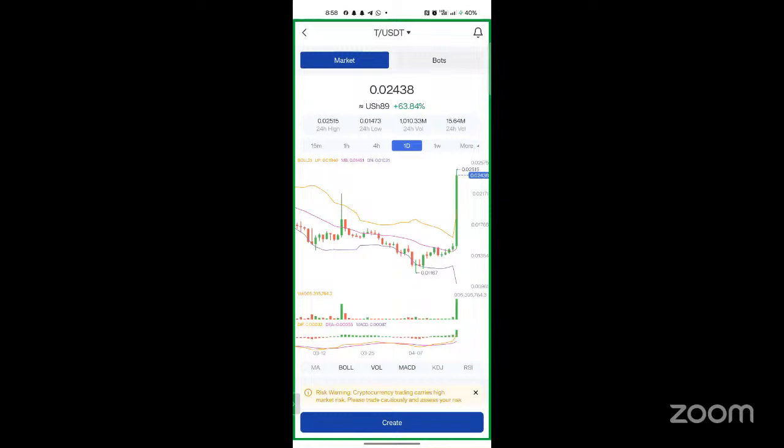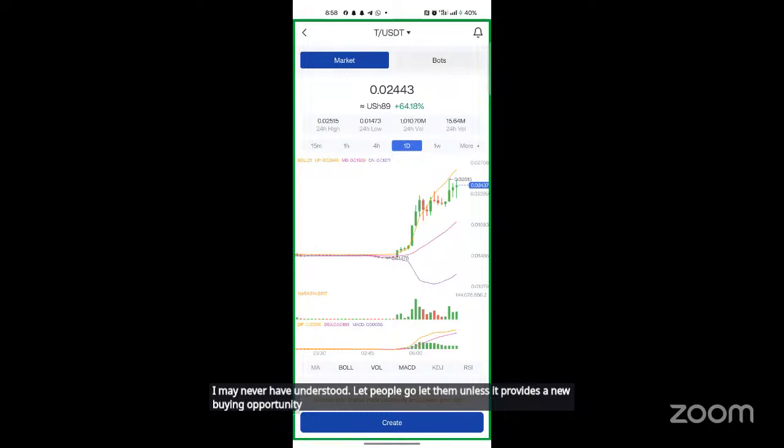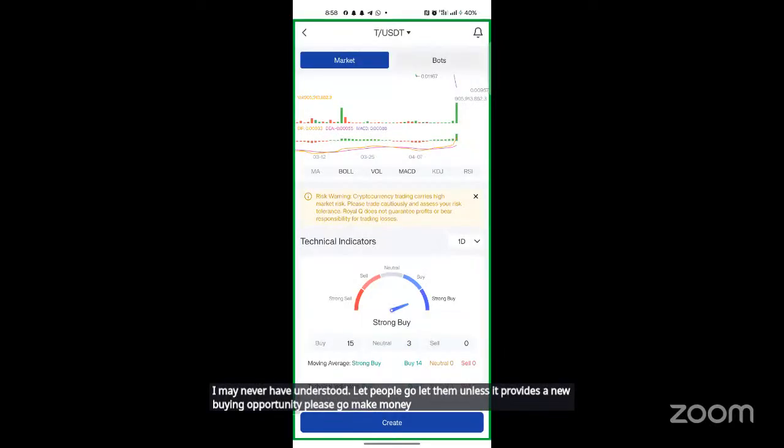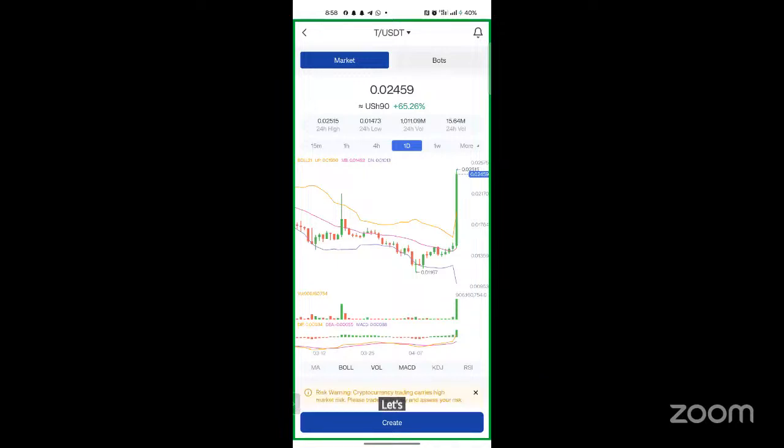How many have understood? Let people go, unless it provides a new buying opportunity. Please go make money, then I find another coin. Let's go vibe the market. Is that clear?